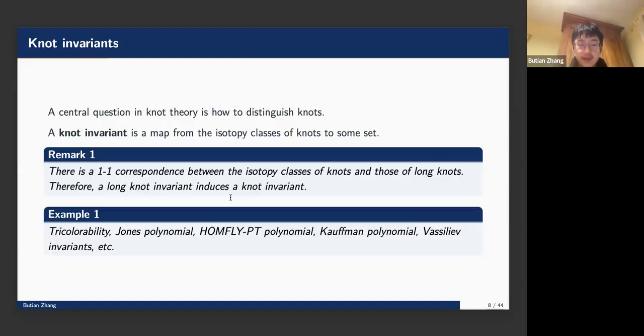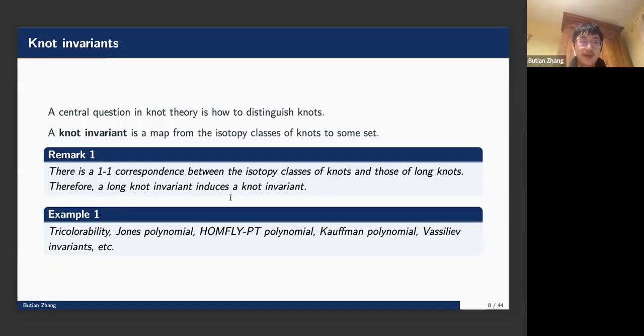The first remark I want to talk about is the difference between knot and long knot. Up to isotopy, up to knot types and long knot types, actually there is a 1-1 correspondence between them.